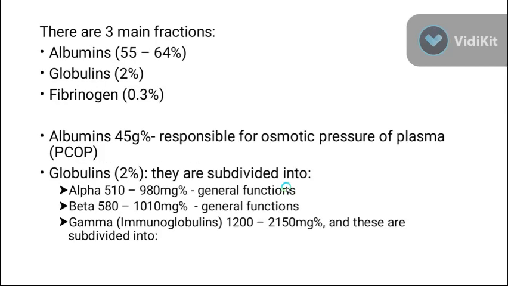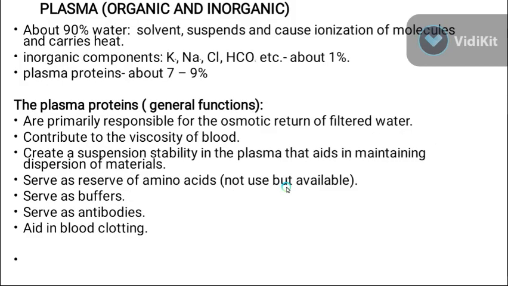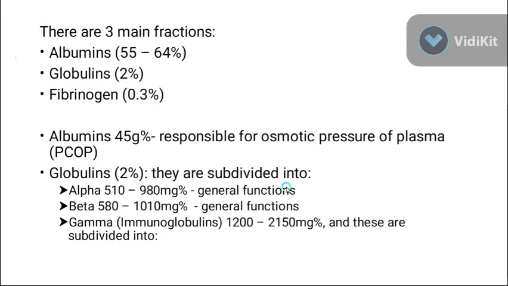Plasma, organic and inorganic. There are three main fractions: albumins, 55 to 64%; globulins, 2%; fibrinogen, 0.3%. Albumins, responsible for osmotic pressure of plasma, PCOP.